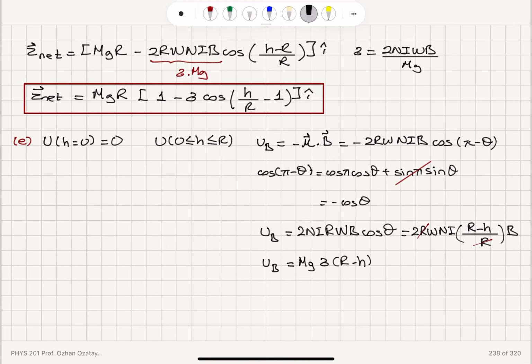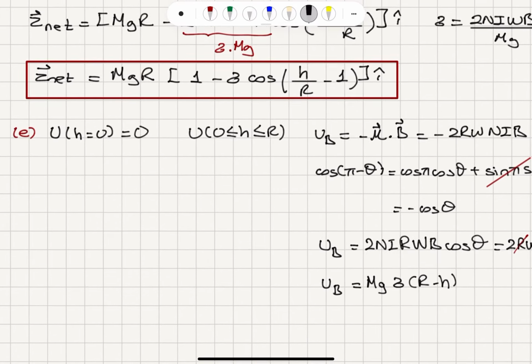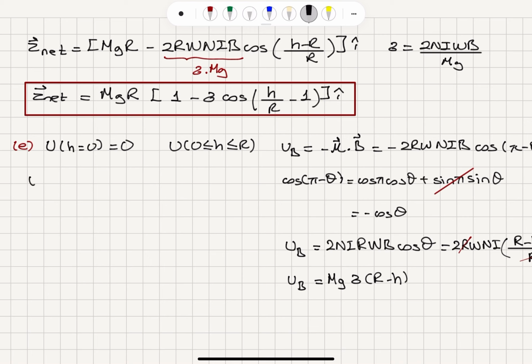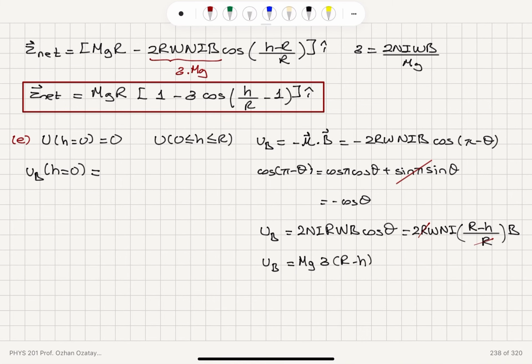Now, what is the value of the potential energy when H is equal to 0? Magnetic potential energy. If you substitute H equals 0 here, you will get mg sigma R, which is equal to mu times B actually.